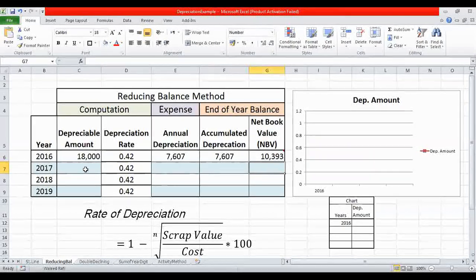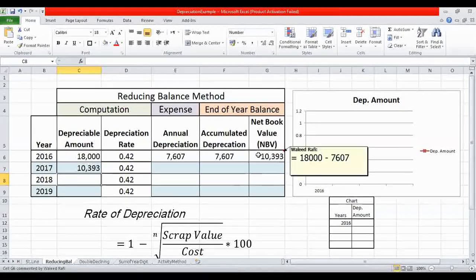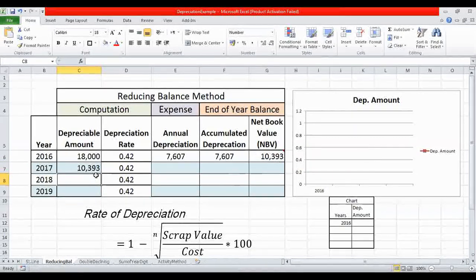So this closing balance is our opening balance. This comes over here. We are going to calculate again 42% of 10,339. So very simple. We can use this, or let's put the equation again.